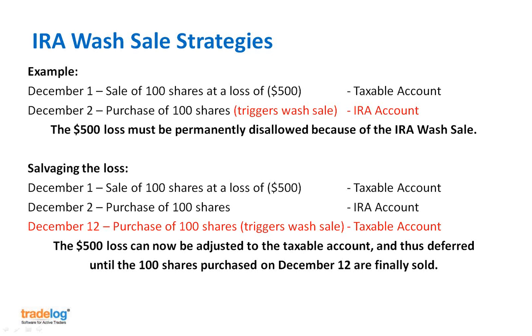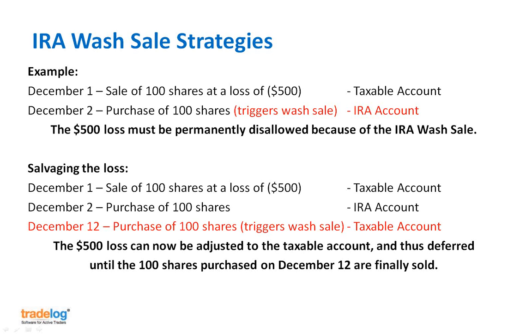But as soon as there is another option in the taxable account, TradeLog is going to put that into the taxable account. That way we can defer it. So this is a strategy that might help you if you do have an IRA wash sale that occurs.